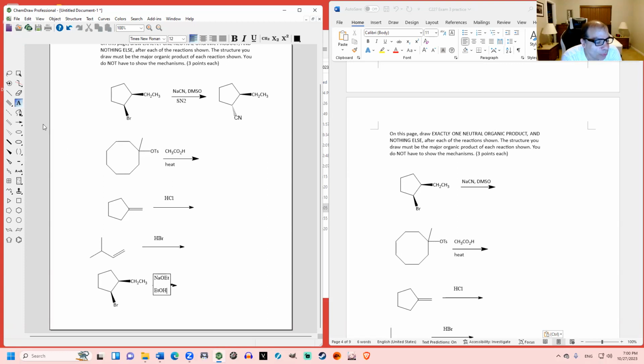But, oh, that's right. We're actually perfectly set up for it. Our hydrogen over here is trans to the bromine. So I would expect to get the double bond here, and the ethyl group over there. That would be an E2 reaction.